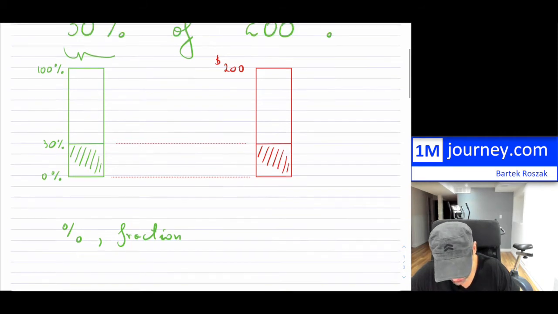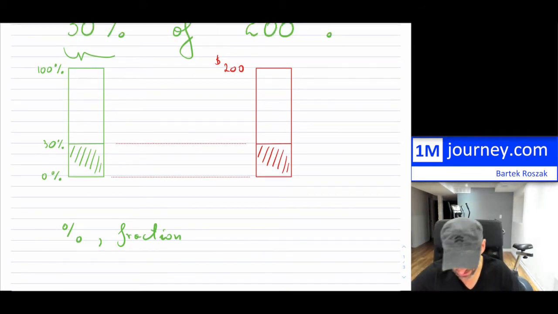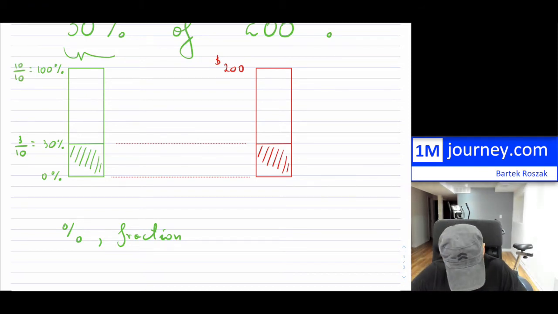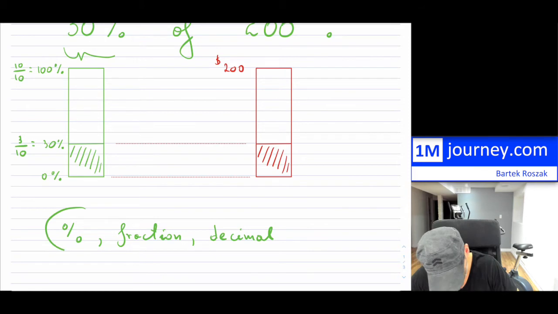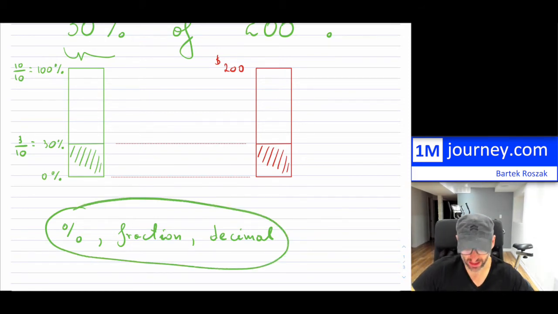So instead of having it out of 100, we can have it out of a whole of 1, where 30% just means 3 out of 10. So this would have been 10 out of 10 for the 100%. And then the other one is you can, of course, change these to decimal. So you can interchange a number between percent, fraction, and decimal in any way you like.